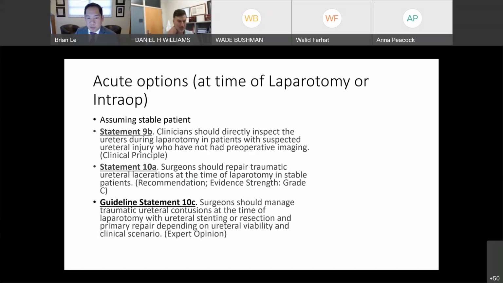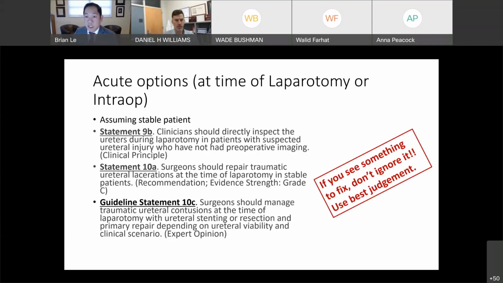So assuming you have a stable patient, you can directly inspect the ureter during a laparotomy. Surgeons should repair ureteral lacerations at the time of laparotomy in stable patients. Should manage contusions with ureteral stenting or resection and primary repair depending on ureteral viability and clinical scenario. This seems obvious, and that's why expert opinion and clinical principle make the most sense.